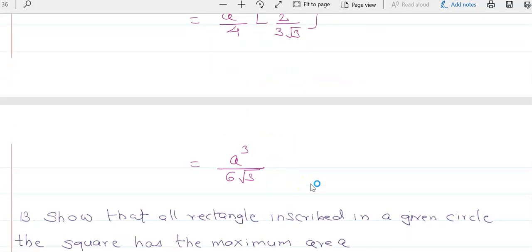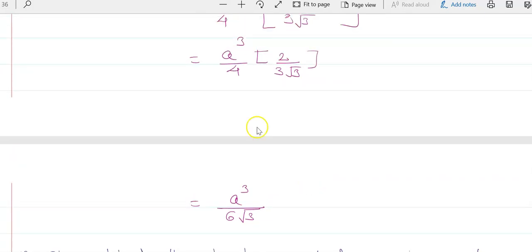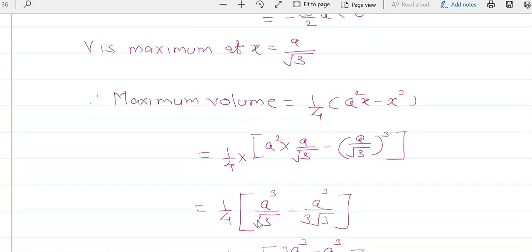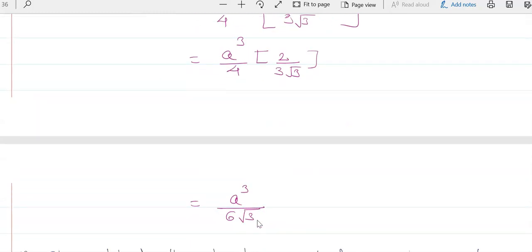After simplification, the 2 upon 4 makes a half, and you get A cube upon 6 root 3, which is what we wanted to prove. And hence the answer.